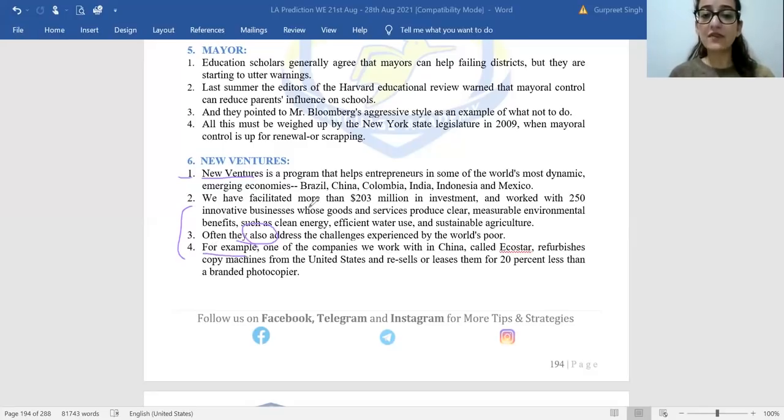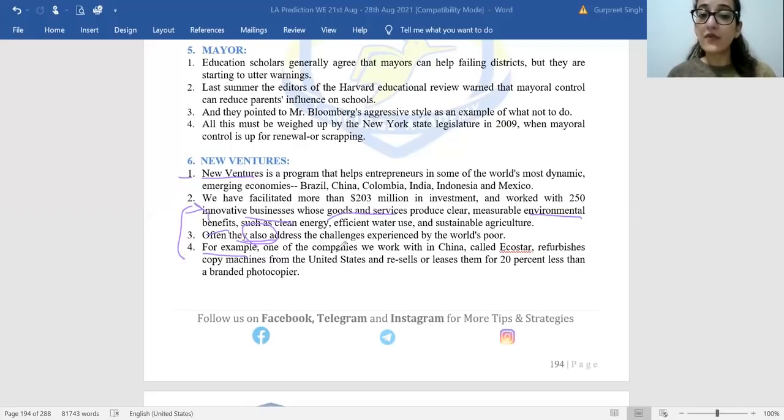So this says they have done investment of these many dollars. They have worked with 250 innovative businesses whose goods and services, so we are talking about businesses, goods and services, and environmental benefits. These are all the things that we do. And they also address challenges experienced by the world's poor. So only because of the word "also", you can put it at number 3, that they do this, or the companies do this, and they also do this. Challenges experienced by the world's poor.